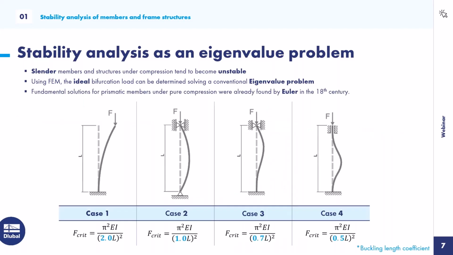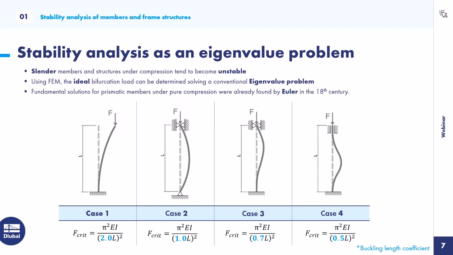We want to start with some fundamental solutions that are very well known amongst civil engineers. So Euler already in the 18th century provided some simple analytic solutions for prismatic members under pure compression. They are well known as the Euler cases. I have listed the 4 fundamental cases here with the analytical formulas to calculate the bifurcation load or the critical load.